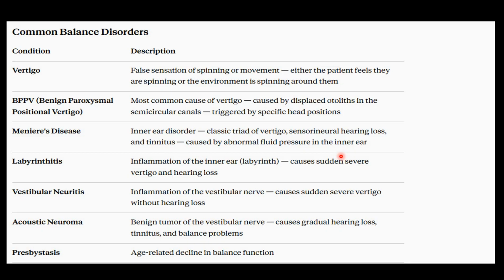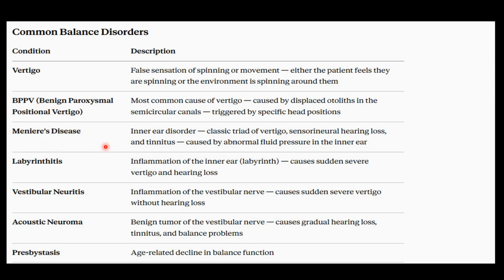Then we have BPPV, benign paroxysmal positional vertigo. It is the most common cause of vertigo, caused by displaced otoliths in the semicircular canal, triggered by specific head positions. So because of some head position, if it displaces otoliths, it causes this kind of issue, that is BPPV.